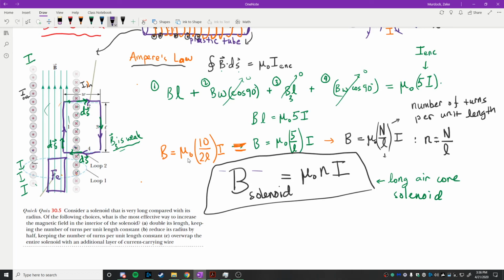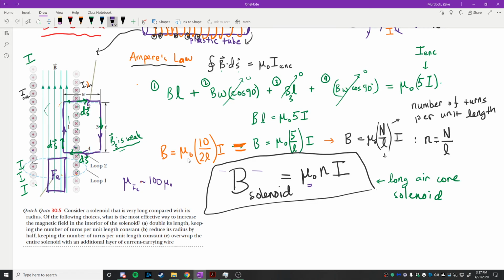The magnetic field will be something like 100 to 1,000 times stronger because the value of mu depends on the substance. Mu naught is a fixed value, but mu for iron, I don't remember the number, is on the order of maybe 100 times or even 1,000 times. So you can produce an even bigger magnetic field by putting an iron core inside of here.